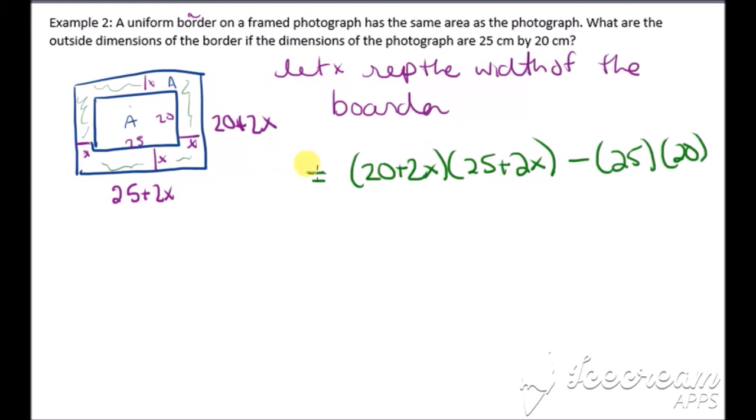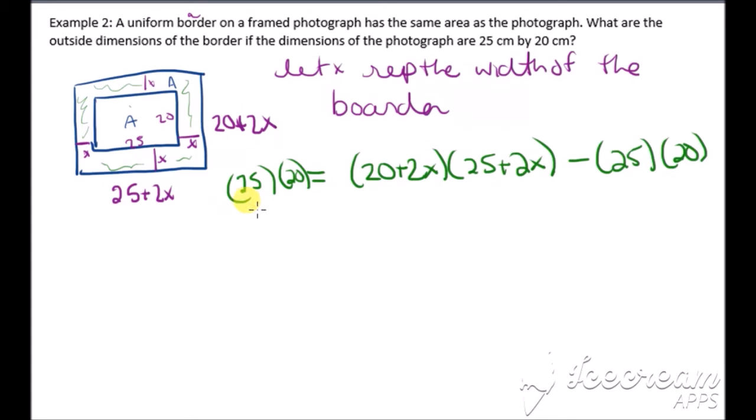Okay, and then this is actually going to equal that 25 times 20 because they're going to have the same area. Okay, so let's go ahead and expand and simplify this.